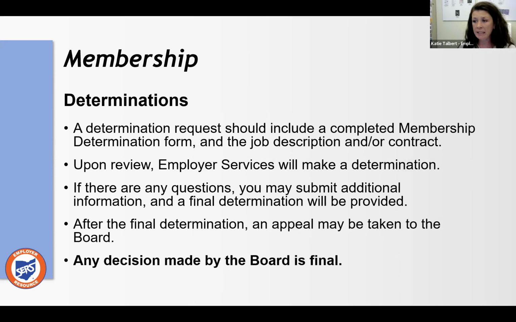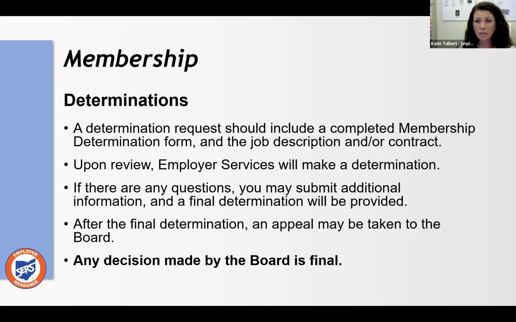Employer services will review all of the documentation you sent. If there are any questions, we'll ask you to submit additional paperwork, and then employer services will provide the initial membership determination.